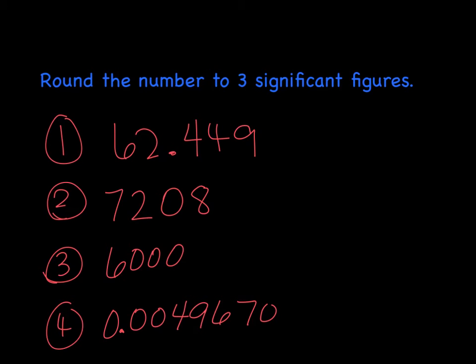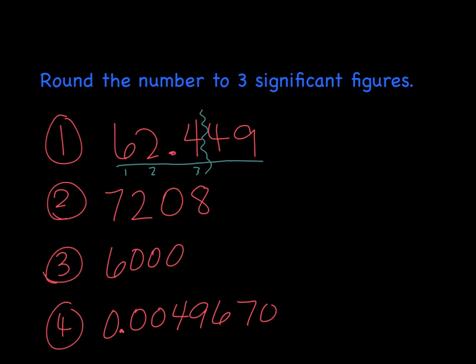So in this first one, I've got 62.449. So I need to round to where I only have 3 significant figures. Well, as of right now, this one has 5, right? All of these digits are significant. So if I want to round to 3, I'm going to count. I've got 1 significant, 2, this is my 3rd significant digit right here, this 4. So I'm going to round to there.